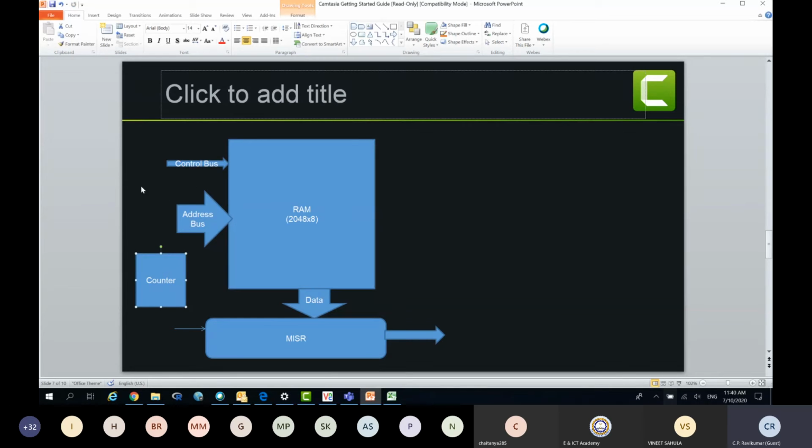So you can generate random addresses. For this purpose, you can use your LFSR to generate random addresses. And then you will have an idea of what the golden signature is, right?